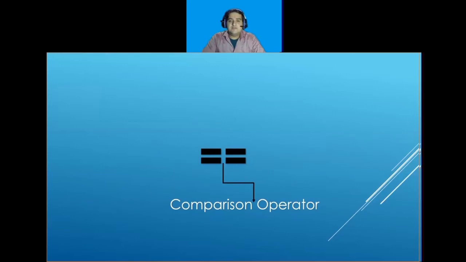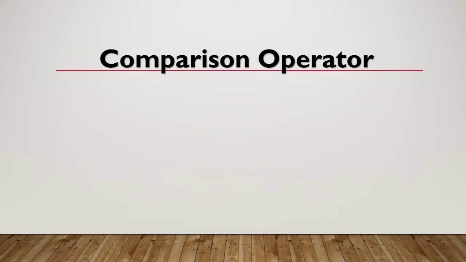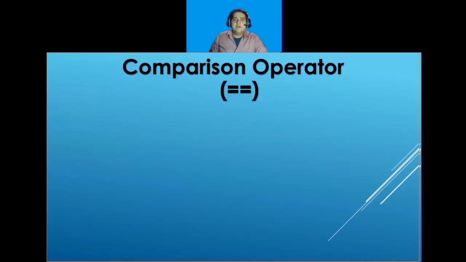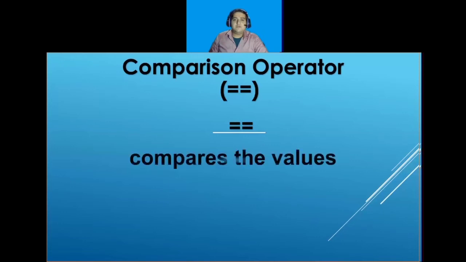Now after assignment operator, there is a comparison operator. So let's see what this comparison operator is. The symbol inside round bracket comes under comparison operator and is denoted by double equal to sign. Comparison operator is used to compare the two values.